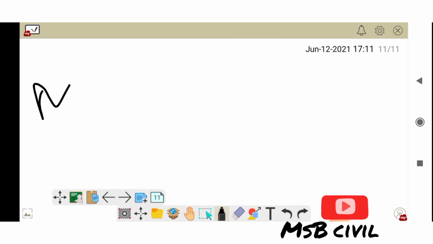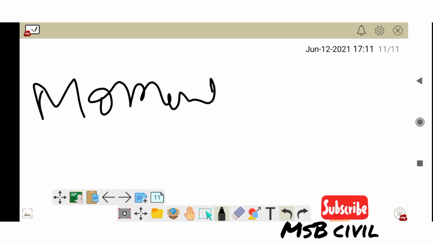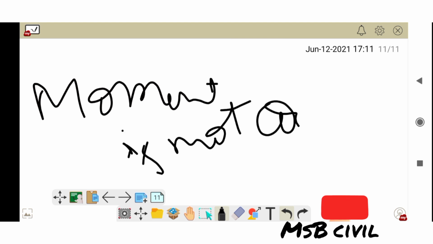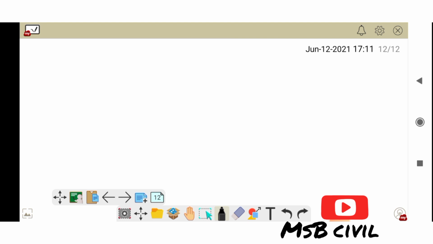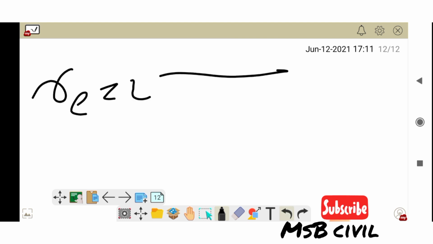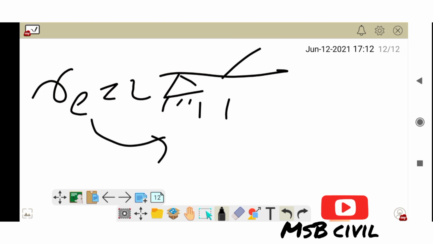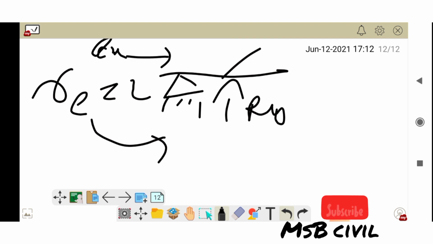Therefore there are two reactions in the hinge support: the vertical one Ry and the horizontal one Rx.